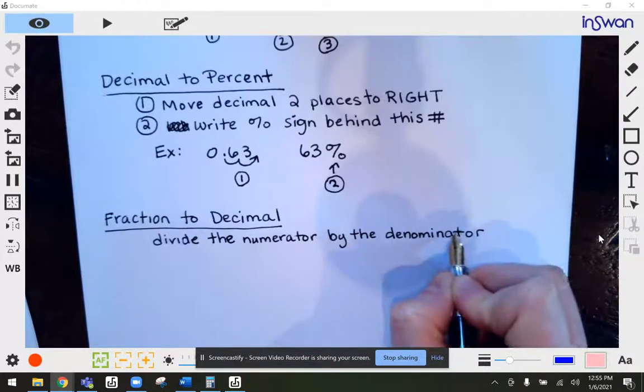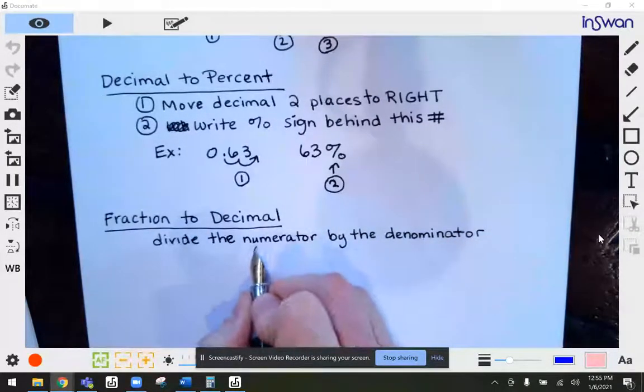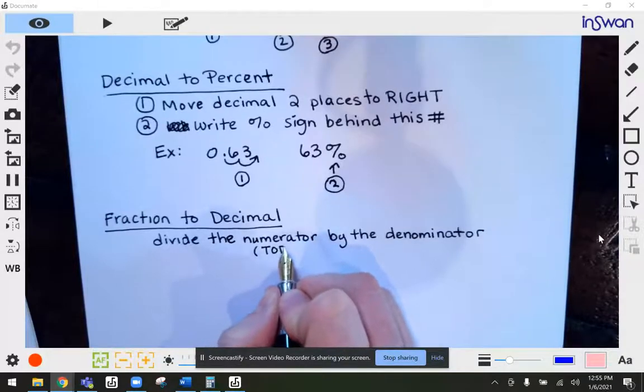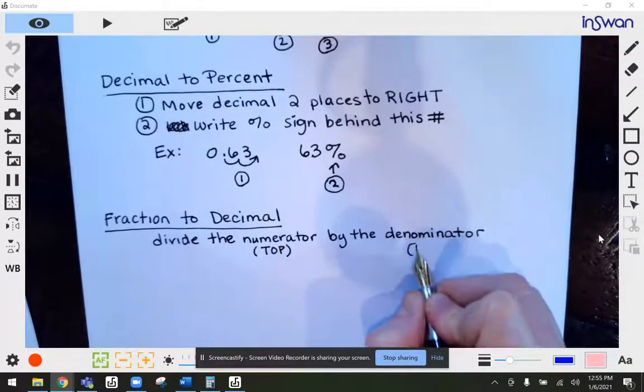And if those words confuse you, remember the numerator is the number on top and the denominator is the one on the bottom.